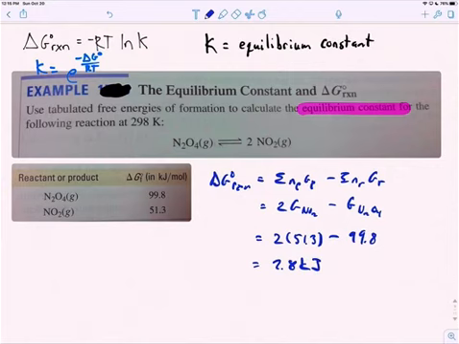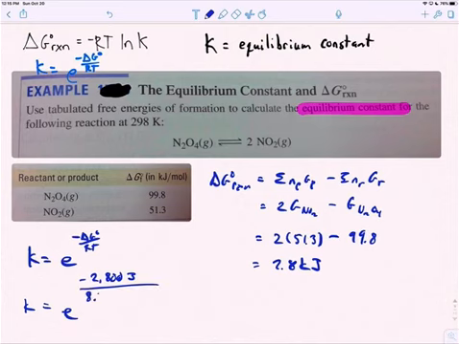And then we know from rearranging the equation, K equals e to the minus delta G0 over RT. So K equals e to the minus 2,800 joules all over 8.314 times 298 Kelvin.